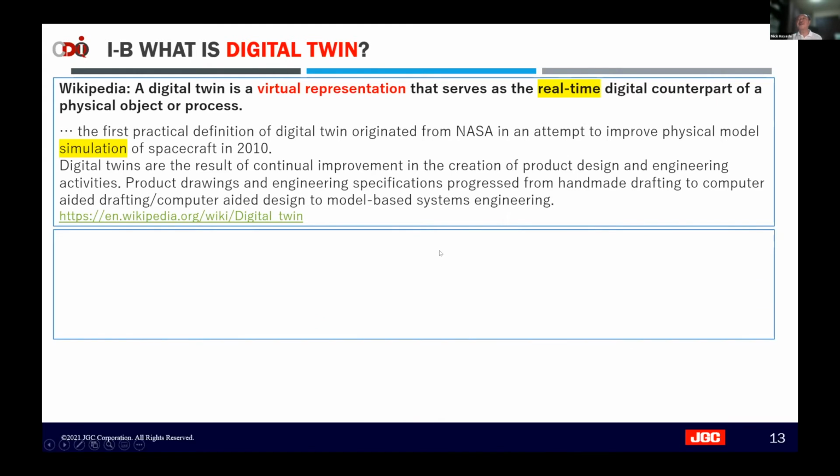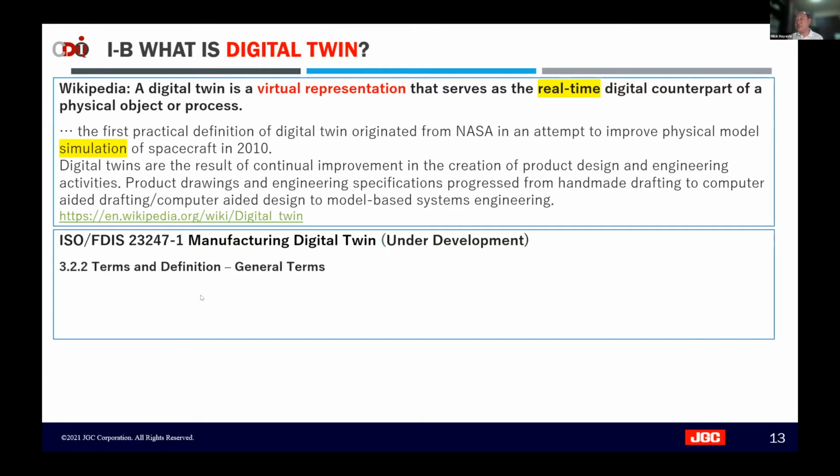Another definition comes from ISO. The number is 23247, manufacturing digital twin. This standard is not complete; it is under development. But please remember this ISO is focusing only on manufacturing digital twin.